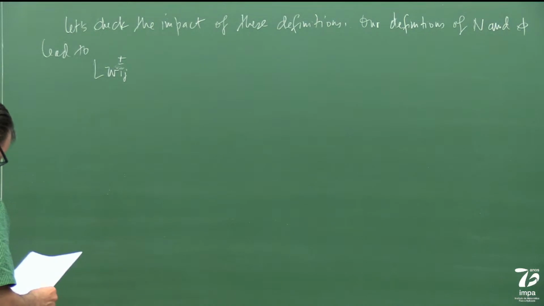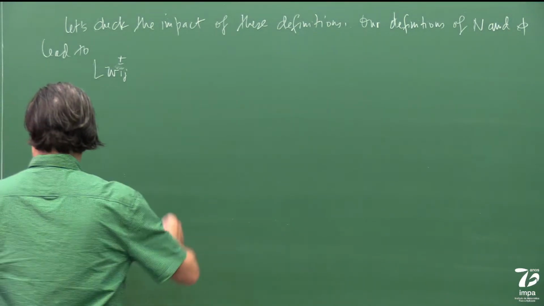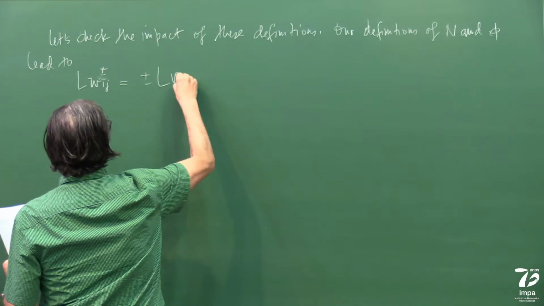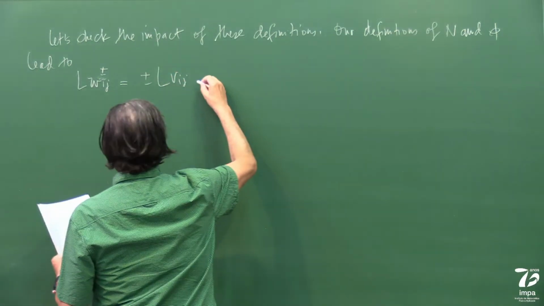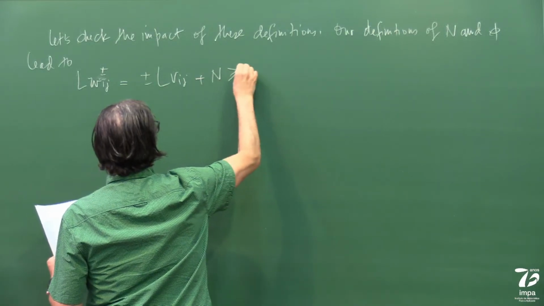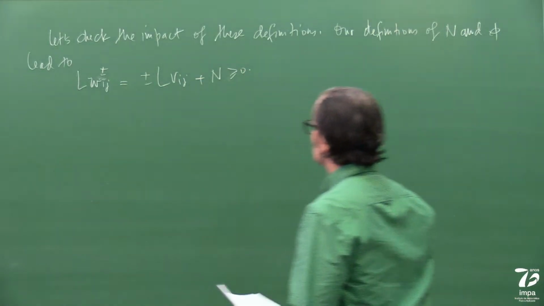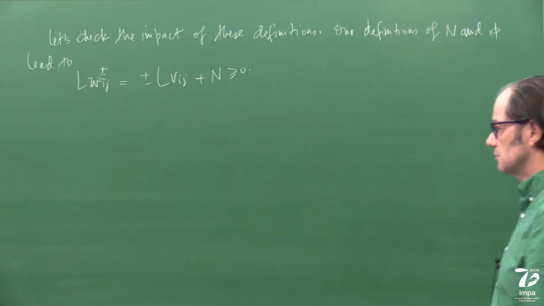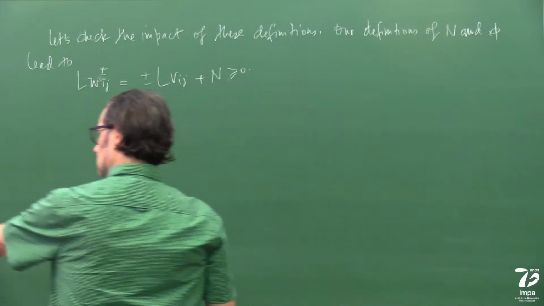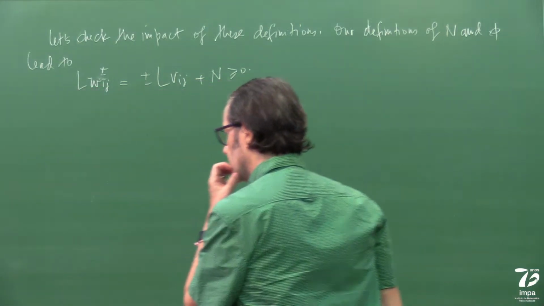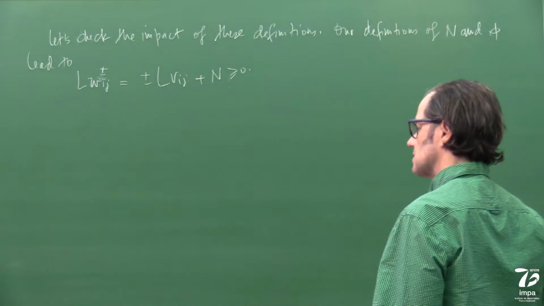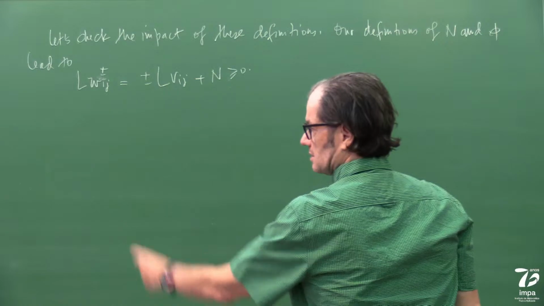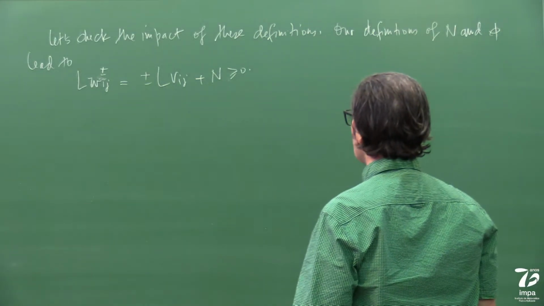Ok. Tá bom. So, this is equal to plus or minus L V_ij plus n. But this is then, because of the definition of n, greater or equal to 0, right? Just look there from the definition, L of phi, as we saw, the discrete operator, satisfies Poisson equal to 1.